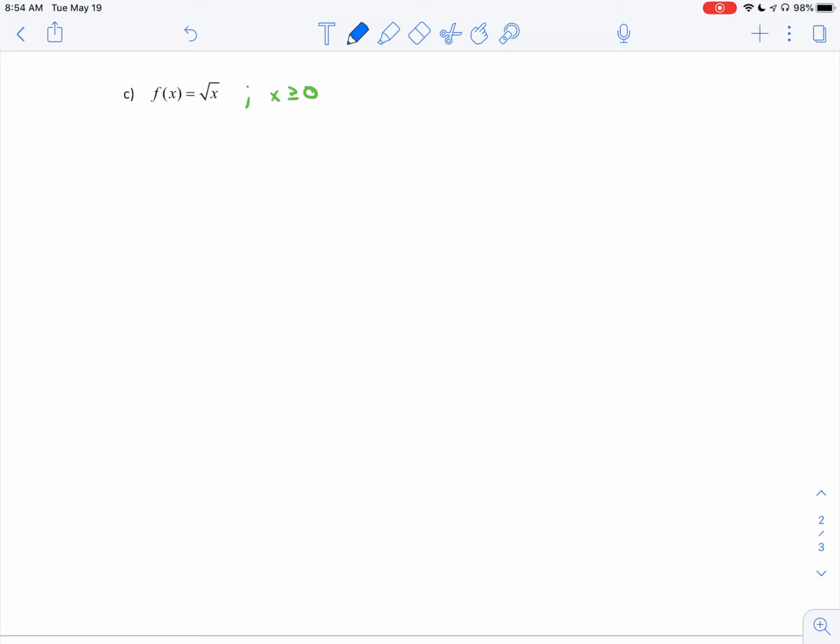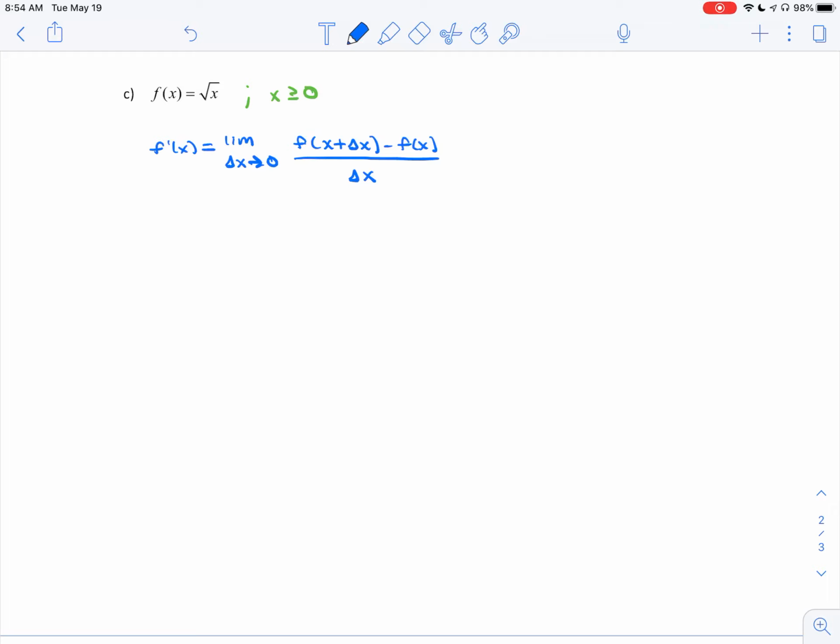All right, so again, finding our derivative, f prime of x is equal to the limit as delta x approaches 0 of f of x plus delta x minus f of x all over delta x.